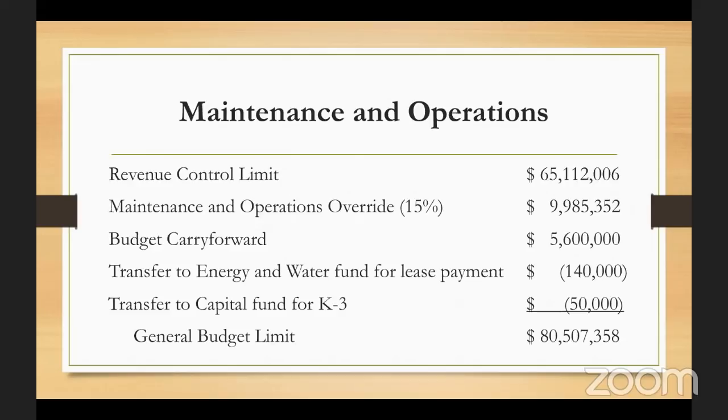I estimate a budget carry forward of $5.6 million. We'll be transferring $140,000 into our energy and water fund. That's for a lease payment on our energy management systems. And then also transferring $50,000 to capital for K-3 to be used specifically for our K-3 program. So our general budget limit will be just over $80,500,000.